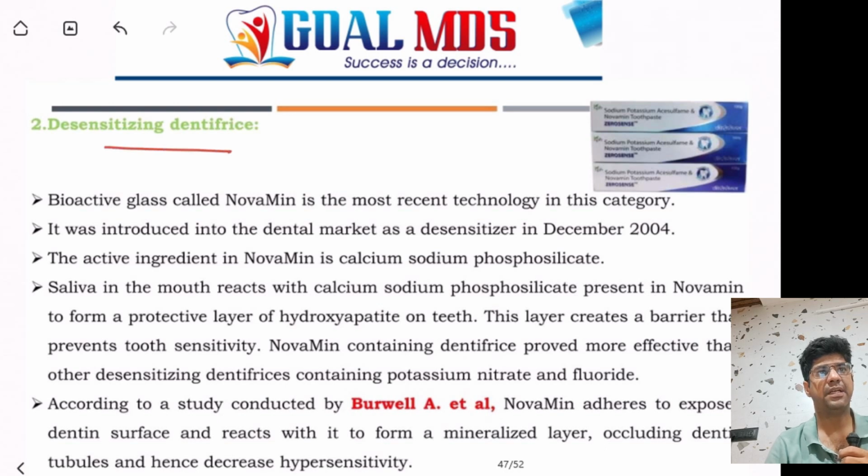Desensitizing dentifrices like Novamin: the active ingredient is calcium sodium phosphosilicate. The saliva reacts with the calcium sodium phosphosilicate to form a protective layer of hydroxyapatite on the teeth. That layer creates a barrier that prevents tooth sensitivity.